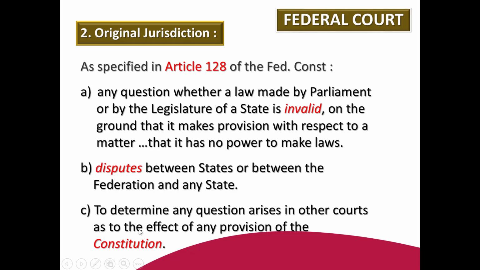If there are any issues relating to the Constitution which were brought up in other lower courts, this matter would be brought to the federal court for the determination of the effect of any provision, apa-apa maksud atau kesan ataupun kepentingan pada peruntukan-peruntukan di dalam perlembagaan mestilah diputuskan oleh Mahkamah Persekutuan or Federal Court. No other court can decide on these matters. So these are the three matters which must originate in the federal court. The federal court decides on these three matters.